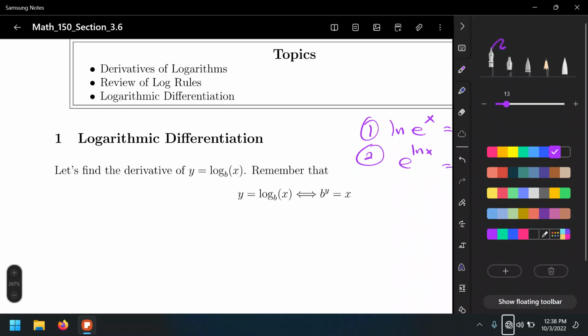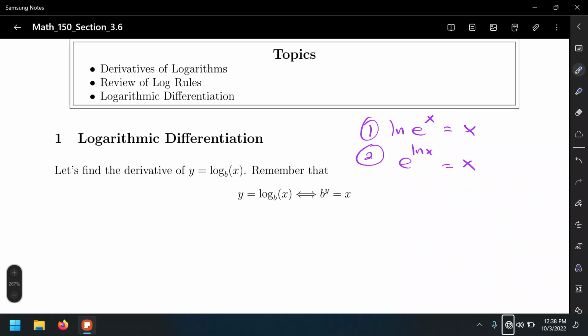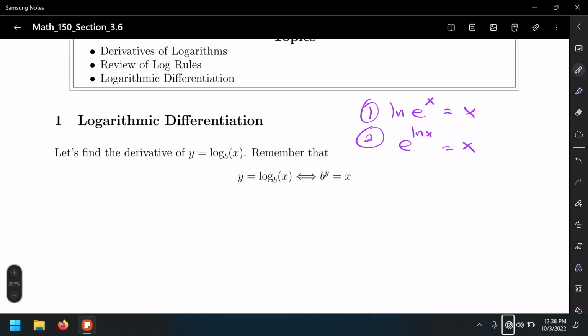So let's take the derivative of this function. We can differentiate e to the y, and the derivative of e to the y will be simply e to the y dy dx. But this exponential function that we have here is not on a base e. So we're going to do some algebraic maneuvers to turn this base b into an exponential base e.